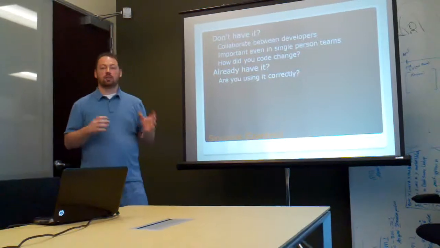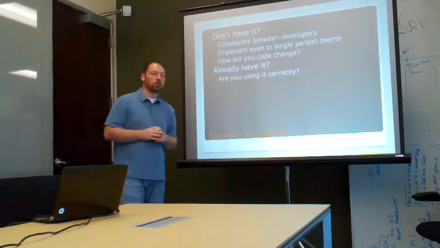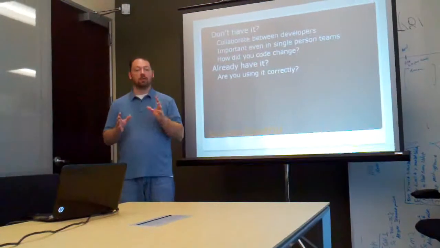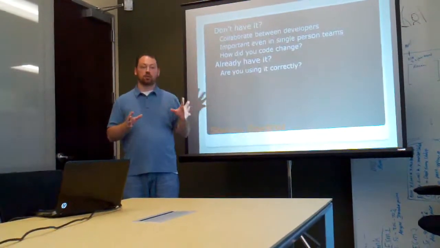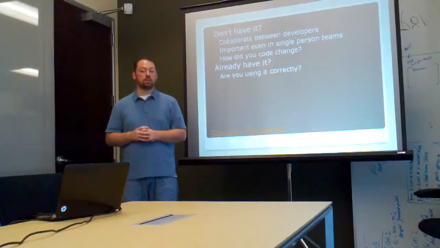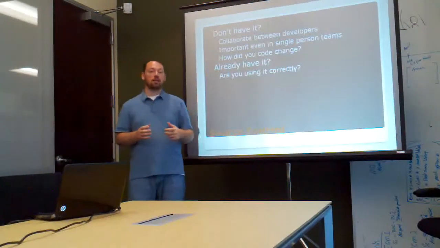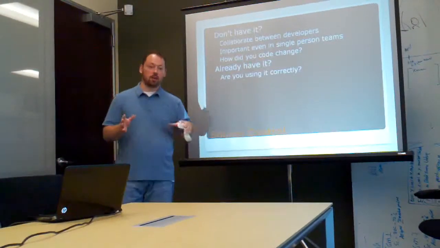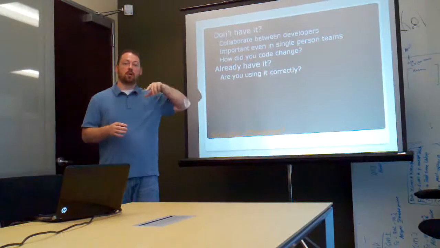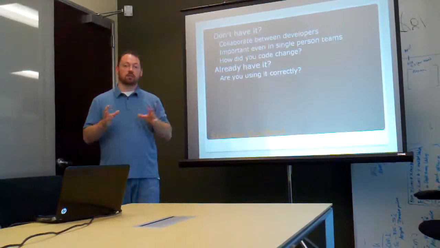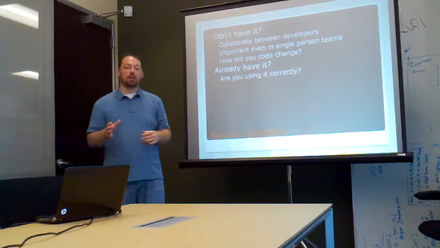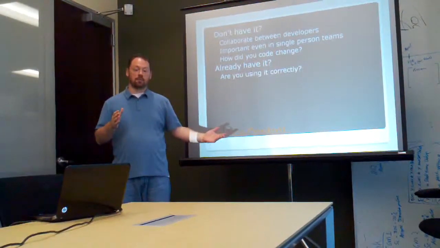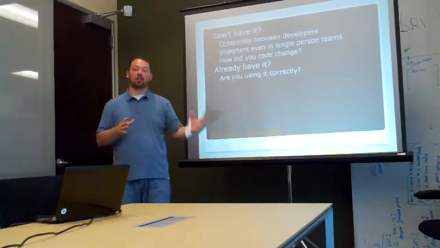So, what if you already have it in place? Are you using source control correctly? You may have source control, but you may be doing things that your particular source control system may not allow you to do well. You may need to look at other source control systems to allow you to do that. If you have a lot of remote teams around the world in physically disparate locations, you may think about a distributed source control system, which allows people to work basically disconnected.